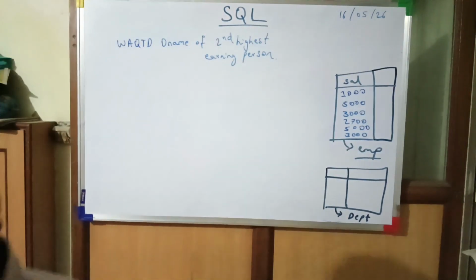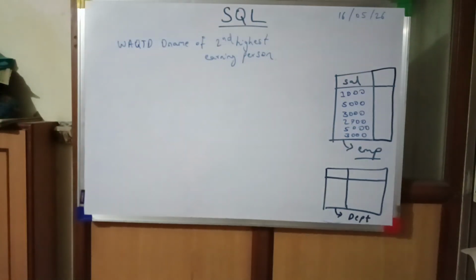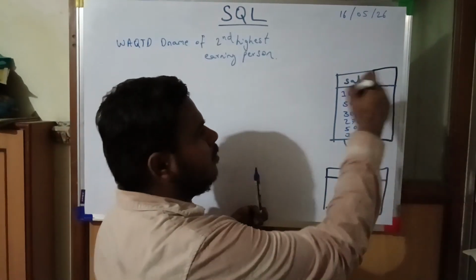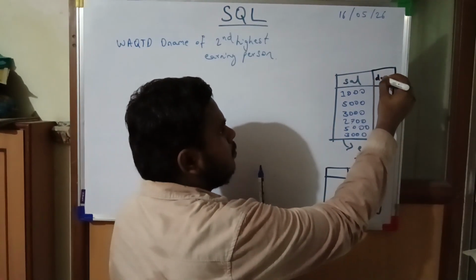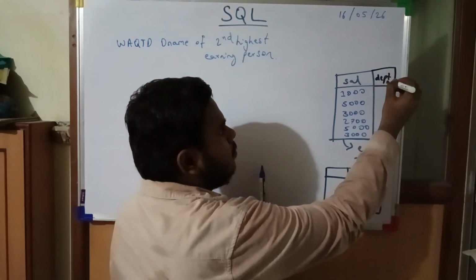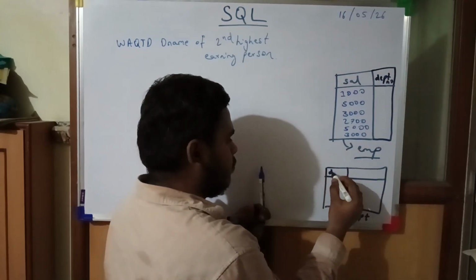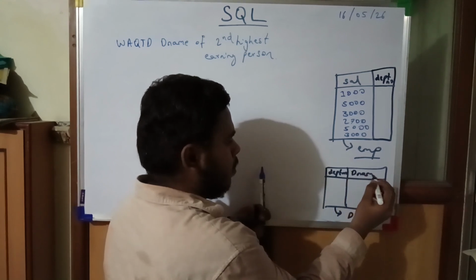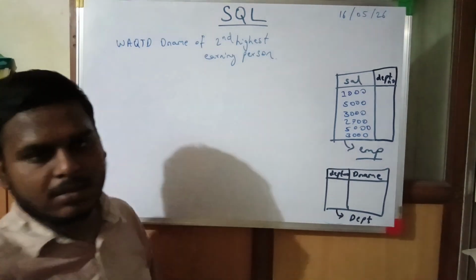So two tables are there, EMP and DPT. Now here I'm inserting the records. Before that, the column names are department number and DNAME.